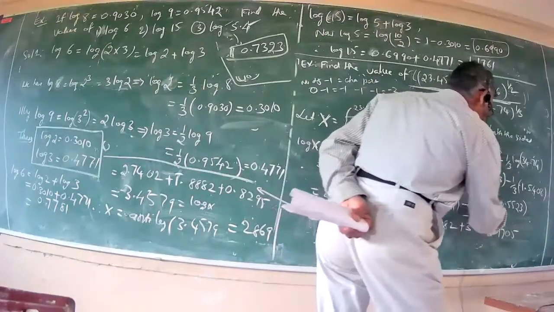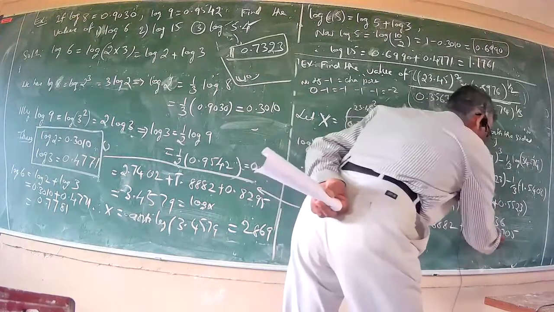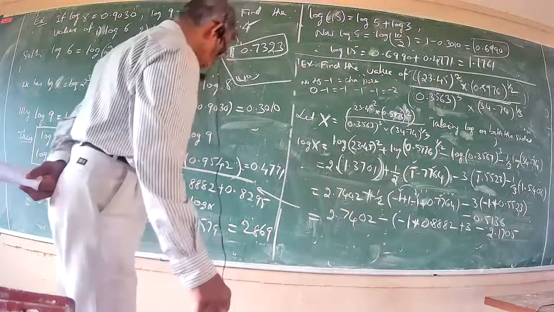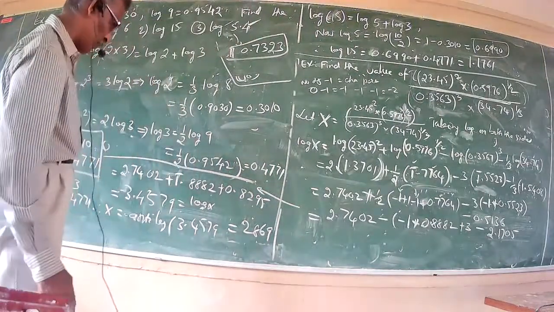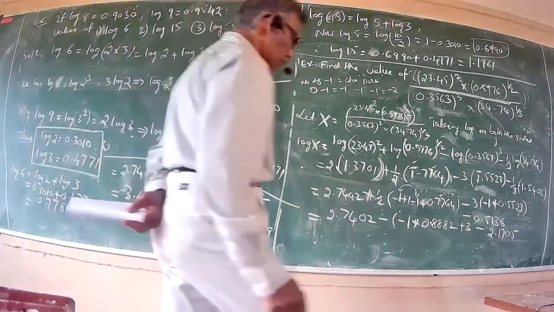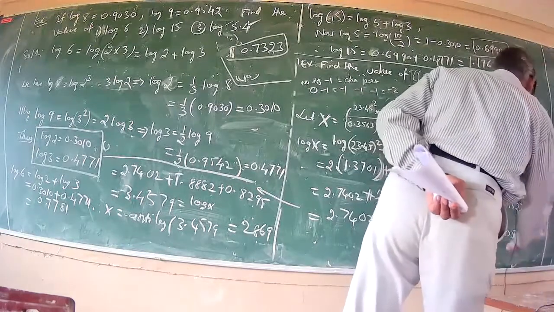Plus 3. This 3 5 15, this into 3, that gives you 2.1705. Plus, what happens? Actually, another number is missing here. Minus 1 by 3 into this 3 5 15 0.5523.